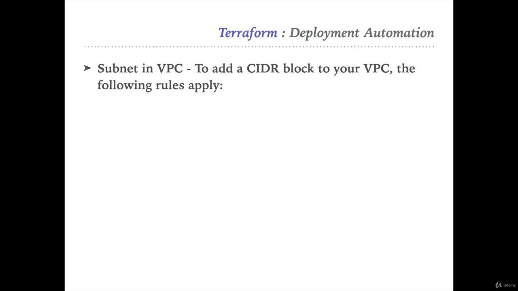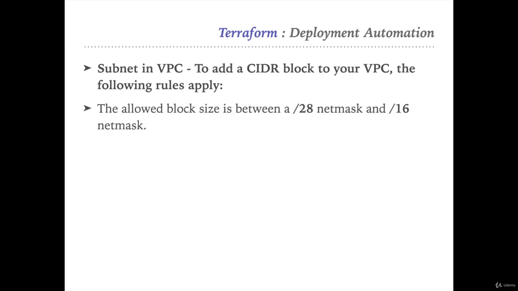Whenever we define the CIDR block in the VPC, the following rule must be applied on the IP ranges: the block size must be between a /28 netmask and a /16 netmask, right? So it means we cannot define a CIDR block larger than /28 or smaller than /16 in the IP range.